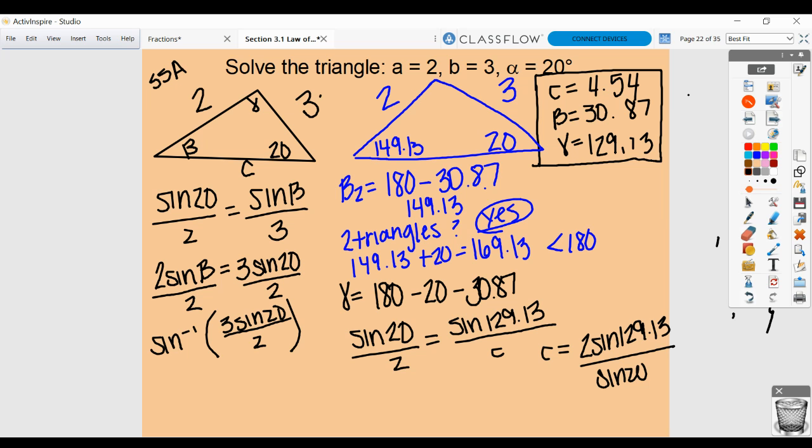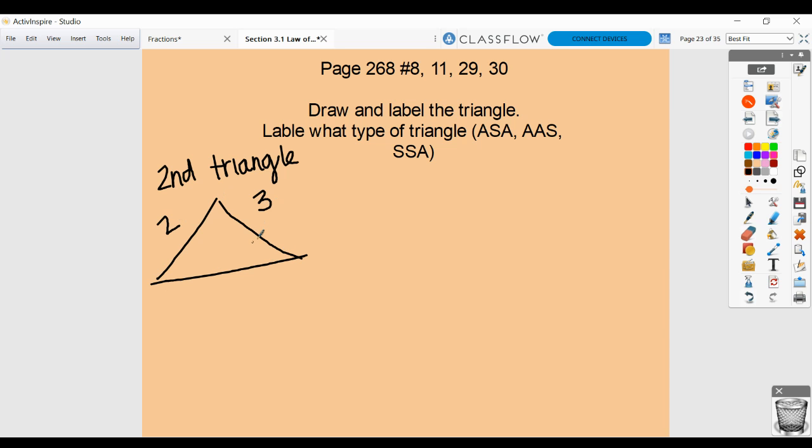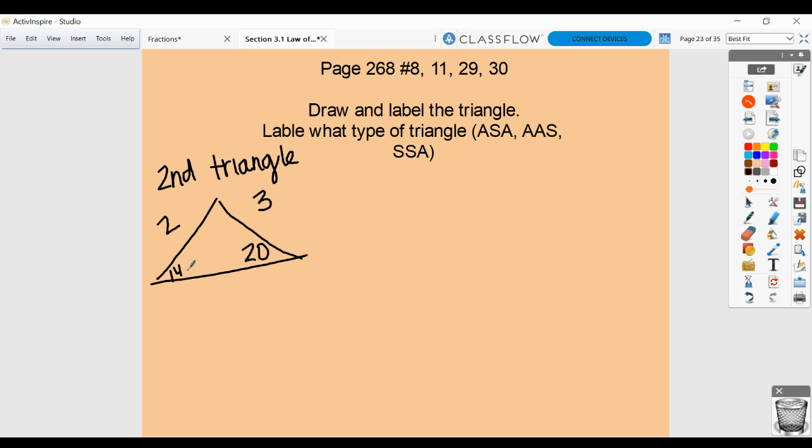Okay, so now we have to figure out the second triangle. So I'm going to go on the next page. So we had 2, 3, 20, and then 149.13.